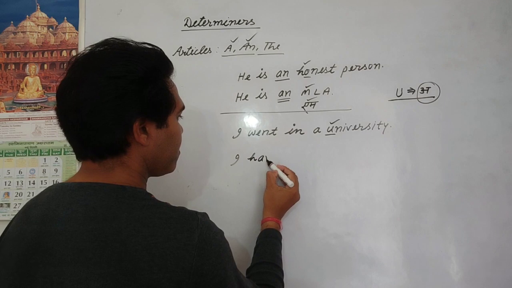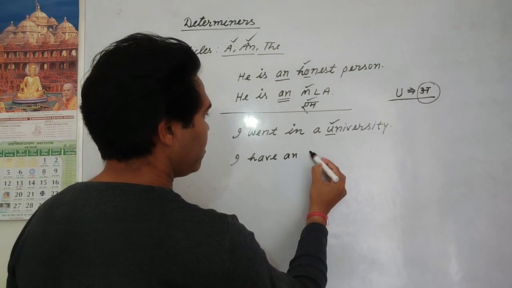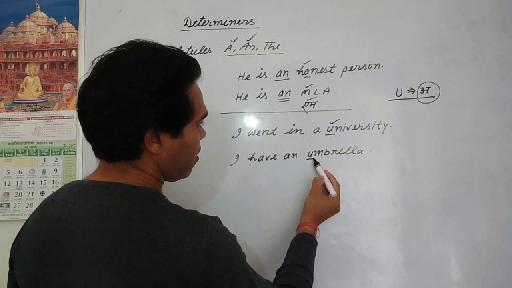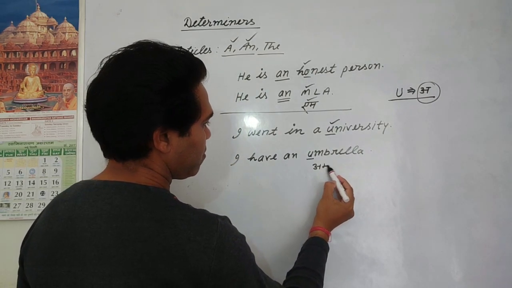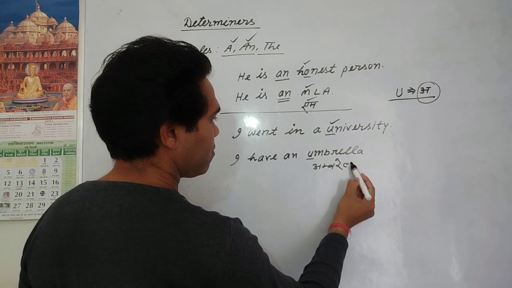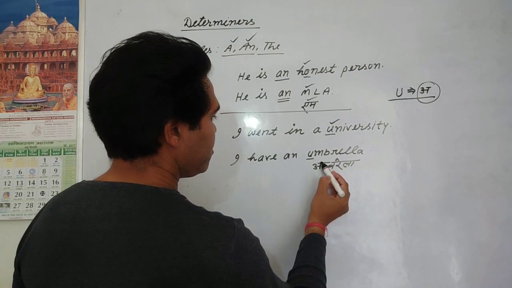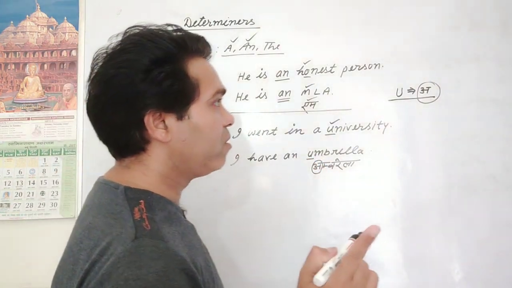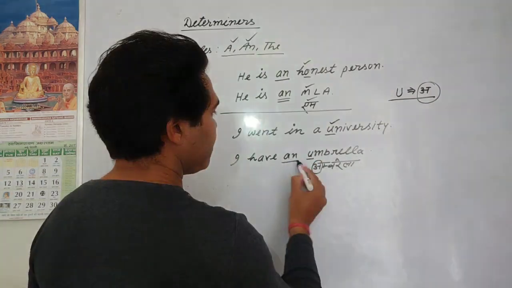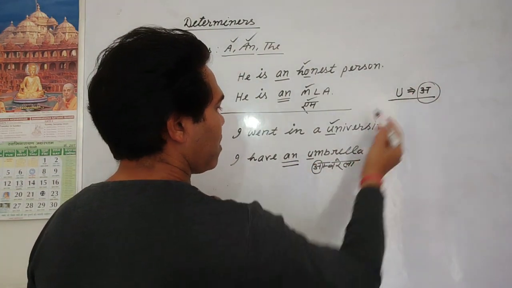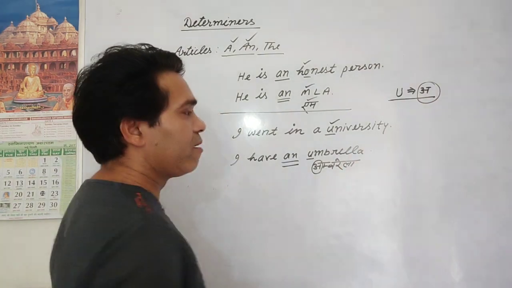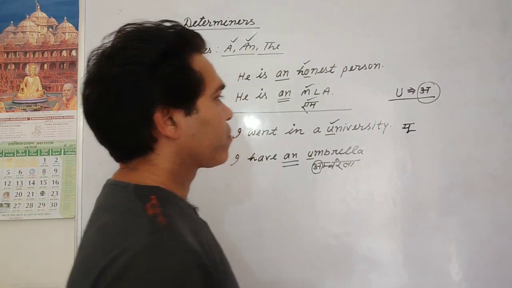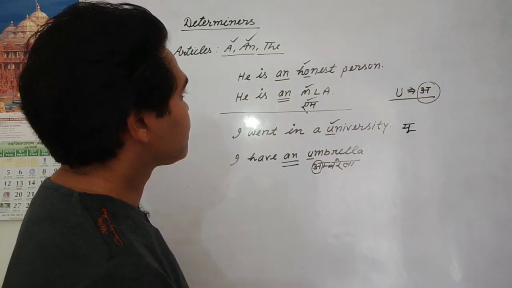I have an umbrella. As I have told you, when we get the sound of a vowel, then we use an. So here we get the sound of umbrella, and here we are getting the sound of U. Okay, have you got this?